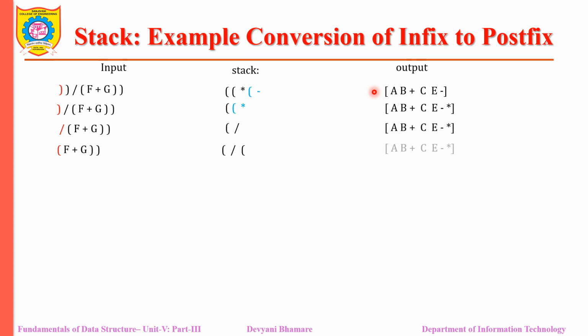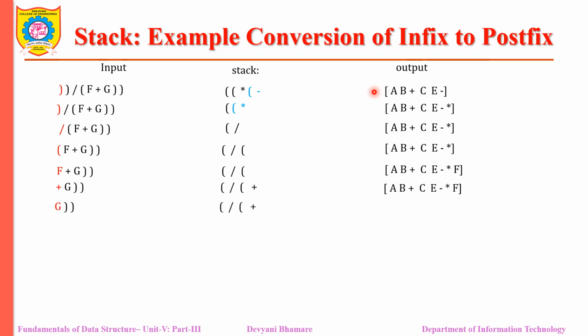Then similarly, an opening parenthesis, F, and the plus operator, which we push. G we need to copy into the output list. Then the closing parenthesis, so this plus will be popped and copied into the output string, right? So our plus will be here. Then again we go to the next one.